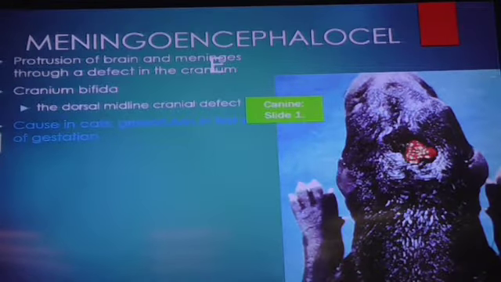Did you say cranium bifida is another name for this? No, wait. It occurs with it. The cranium bifida is the hole or the defect in the cranium. Okay. And meningoencephalocele is when you have protrusion of the meninges and the brain through that hole.